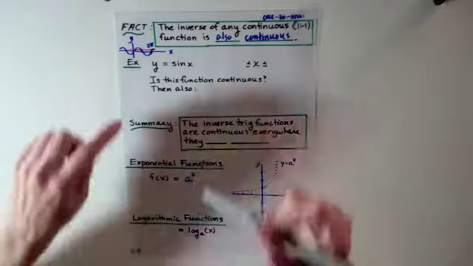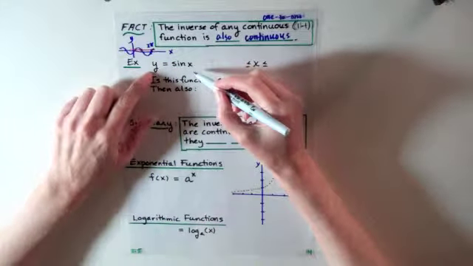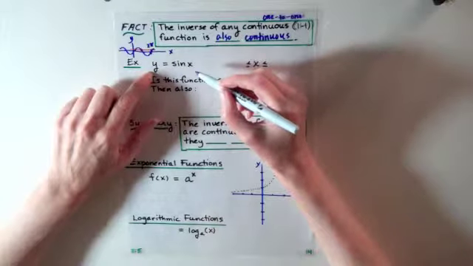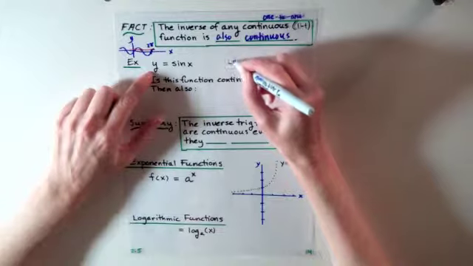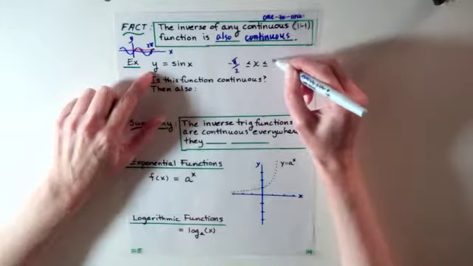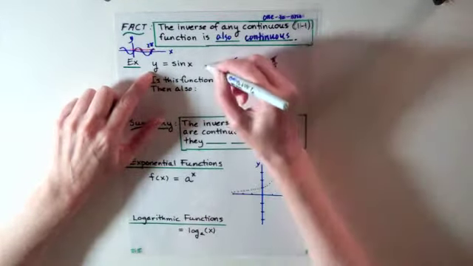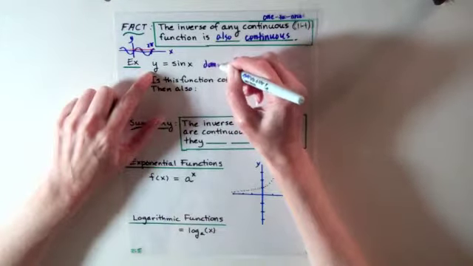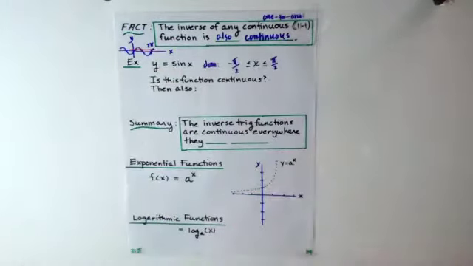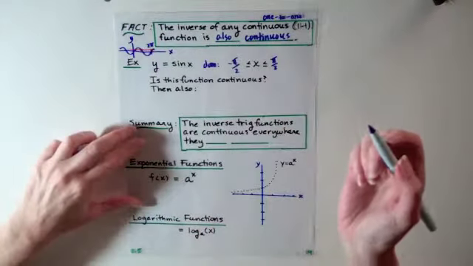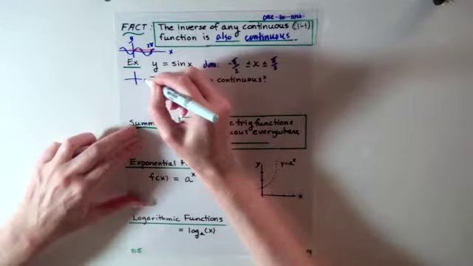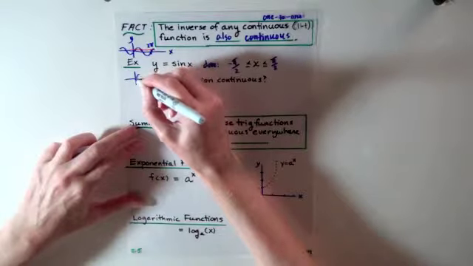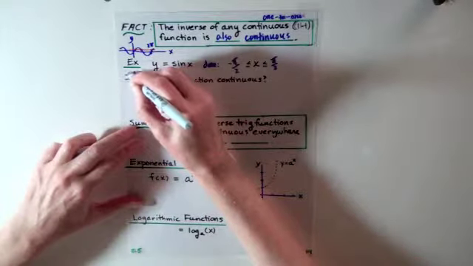So you might remember that to define the inverse sine function, we have to take the original sine function and restrict its domain in a way that it ends up being 1-to-1. And the usual restriction for the sine function is from minus pi over 2 to pi over 2. So we restrict the domain of the sine function and take just a little chunk of the graph that will pass the horizontal line test.